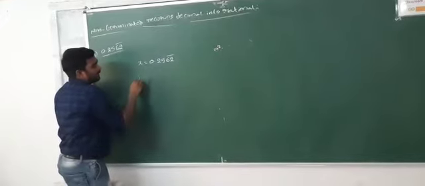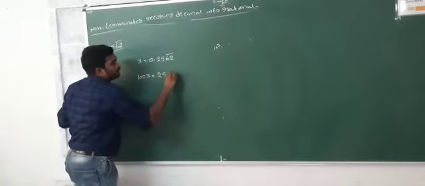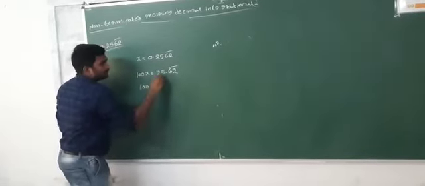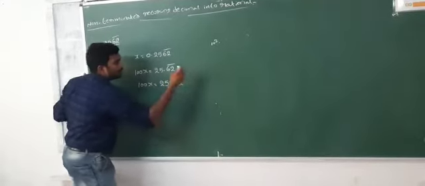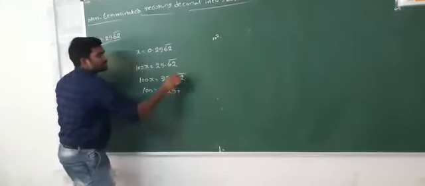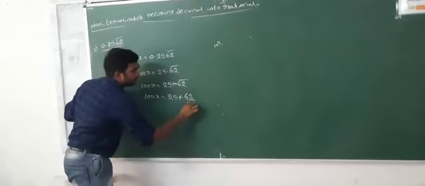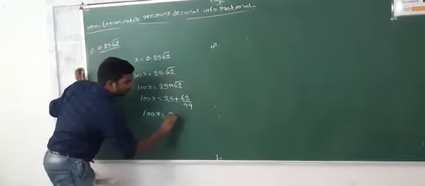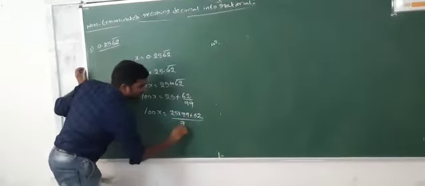So 100x is equal to 25.62 bar, and 100x is equal to 25 plus 62 by 99. So 100x is equal to 25 into 99 plus 62 by 99.